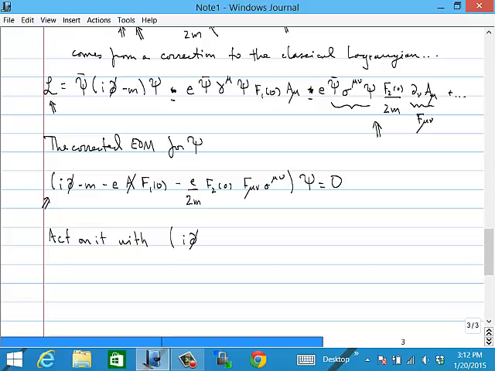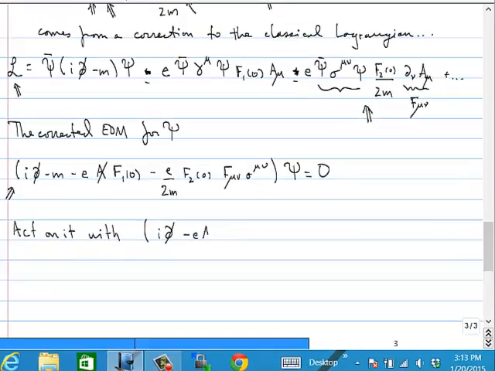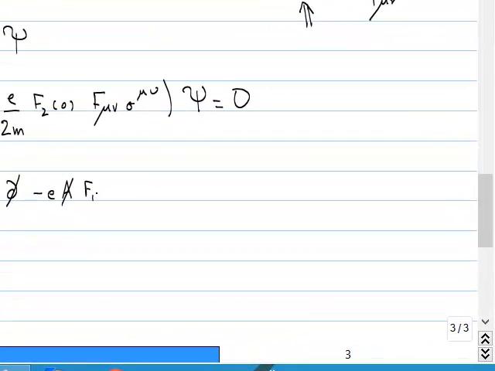So I'm going to act on it with i D slash minus e A slash F1 of 0. But then instead of having minus m minus e over 2m times that stuff, I'm going to have plus m plus e over 2m F2 of 0, F mu nu, sigma mu nu.